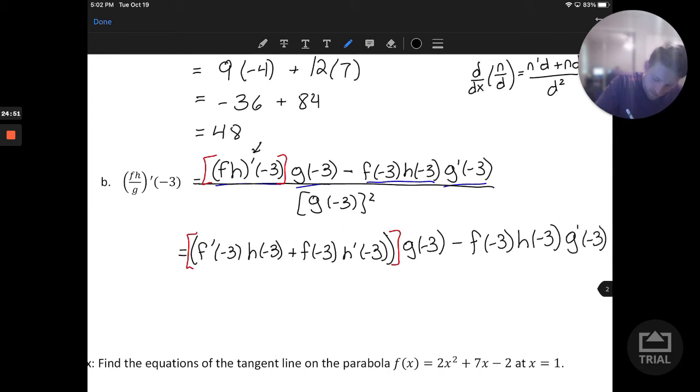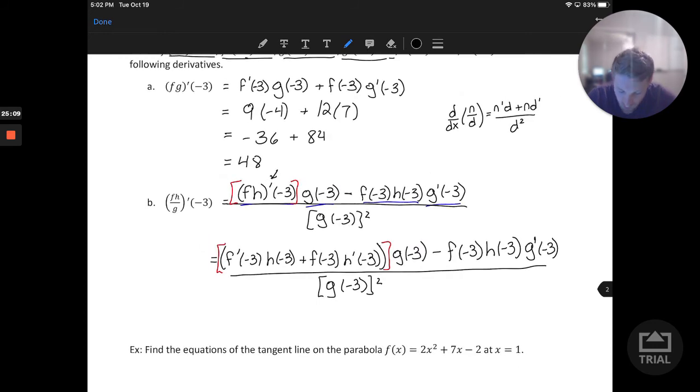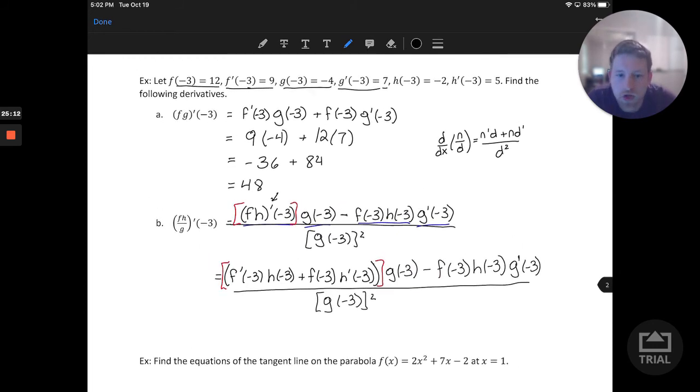All of this divided by our g of -3 quantity squared. All right. If we take a look back at the top of our page, where we have all of our functional values and our derivative values, let's go ahead and jot all these in for a final result.